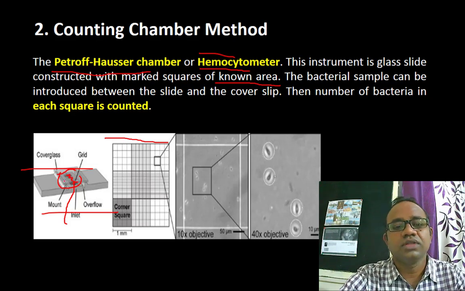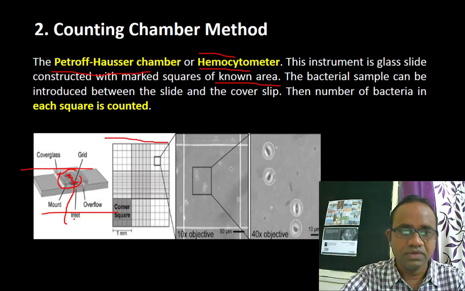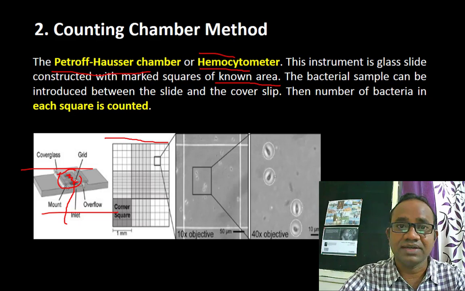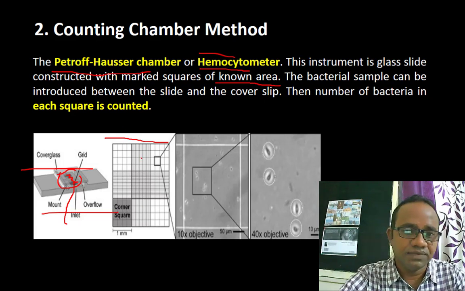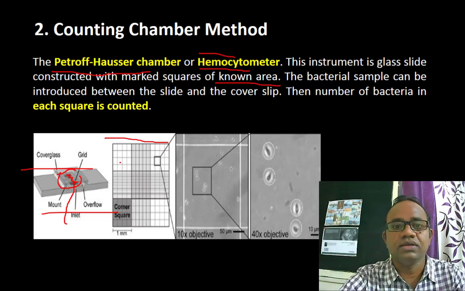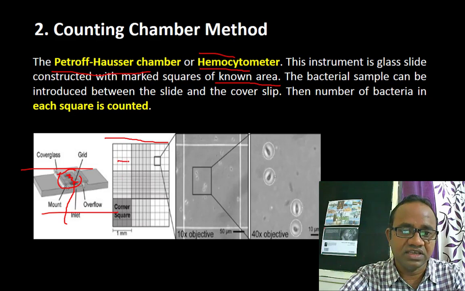When we add the bacterial culture, we put the cover slip on, the drop of bacterial culture spreads completely, and then we calculate the number of bacteria in each square.